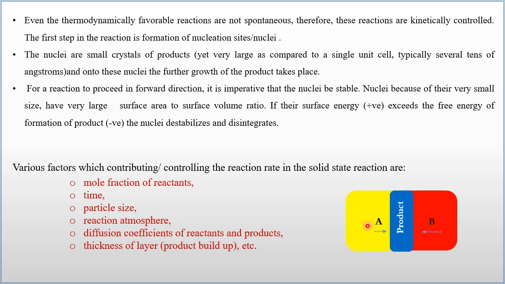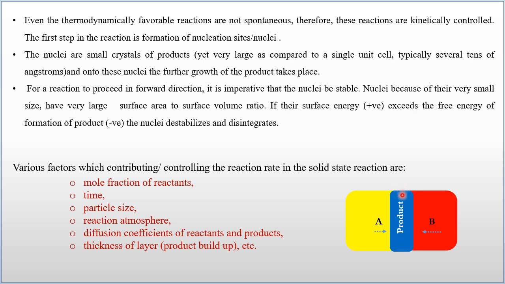This reactant A has to go to reactant B to form product, or B reactant molecules or ions, usually ions, have to diffuse through the interface to form a product with reactant A. So this to and fro movement of both the ions is very much required for a solid state reaction to take place. And at the interface of A and B, the product is being formed.